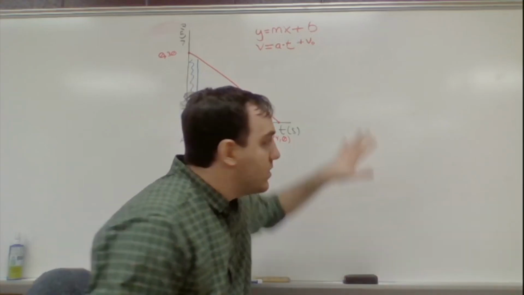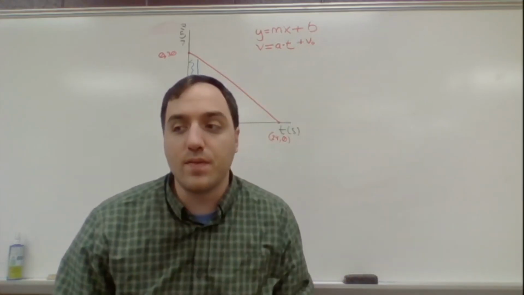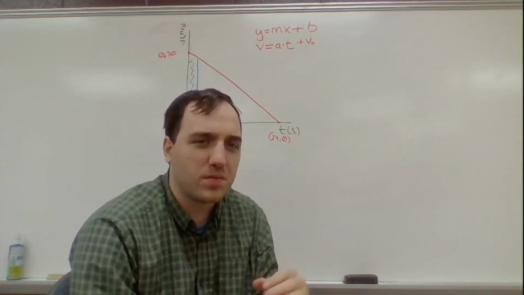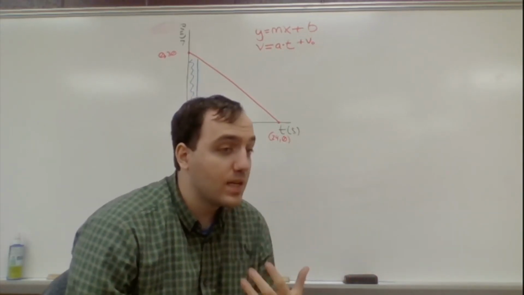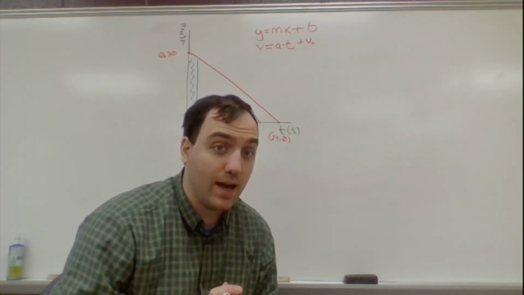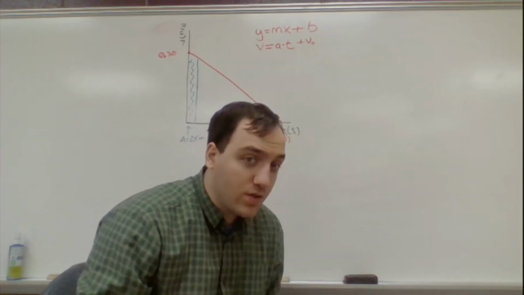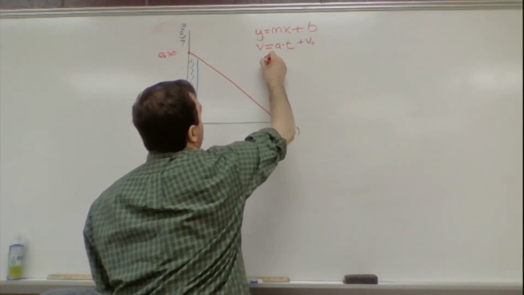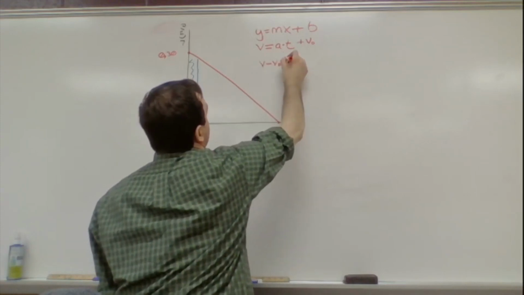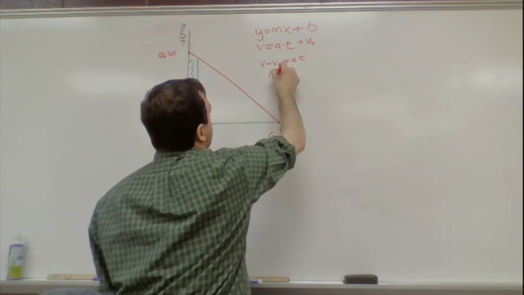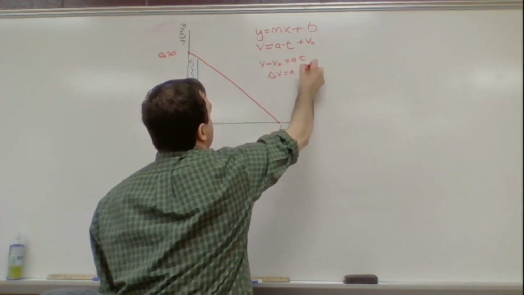Now, this equation is on the equation sheet for AP Physics, the first equation in the top left corner. They put a little extra signifier for x to indicate that you're moving in the x direction, but that's not strictly necessary right now. It's also directly related to the definition, because if I move this v naught to the other side, I have v minus v naught equals a times t, which is delta v equals a times t.